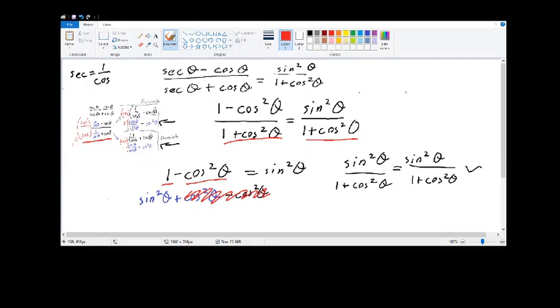Feel free to try out separating each one first, and then simplifying each one separately, where you take the 1 over cosine theta minus cosine and the plus cosine to see how you could simplify those without seemingly multiplying the entire fraction here.